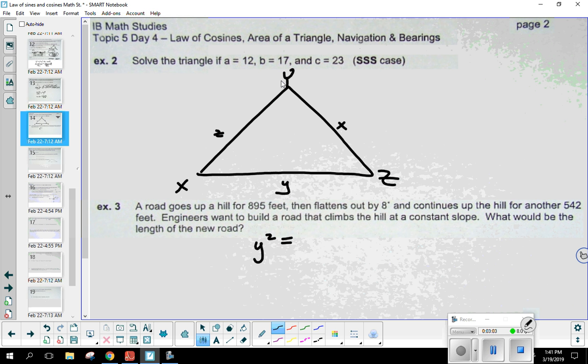Okay, there you go. So I take the other 2 sides, I square them, and then I add them up. Then I subtract 2 times the product of those times the cosine of y. So if I started the equation with side y, I'm going to end with angle y. The same thing if I started with side z, I would end with angle z.